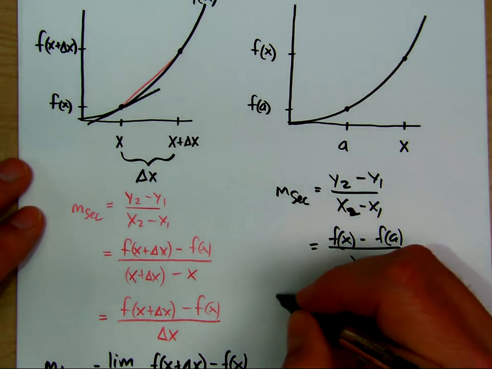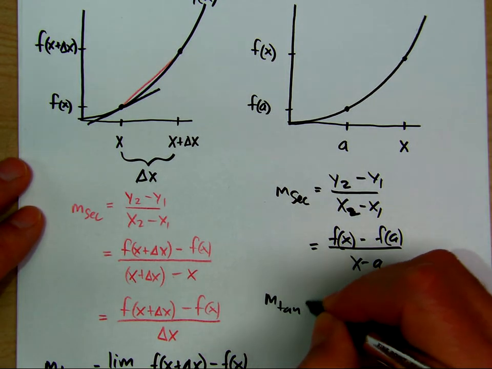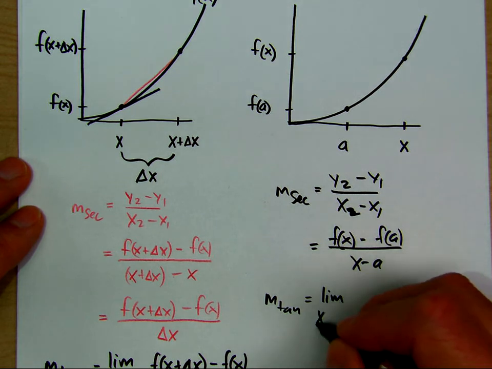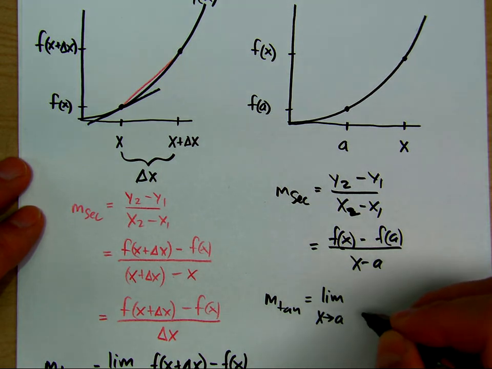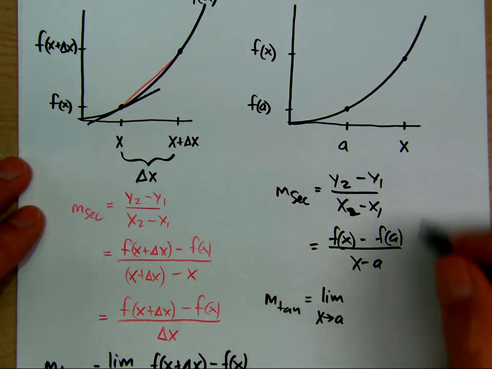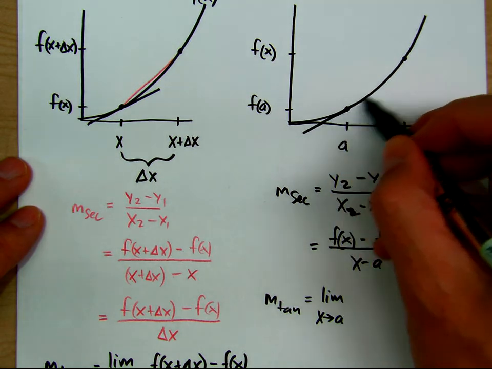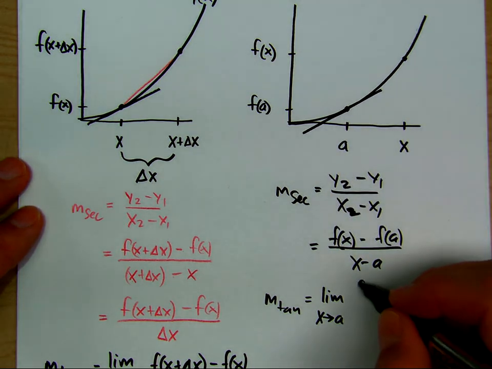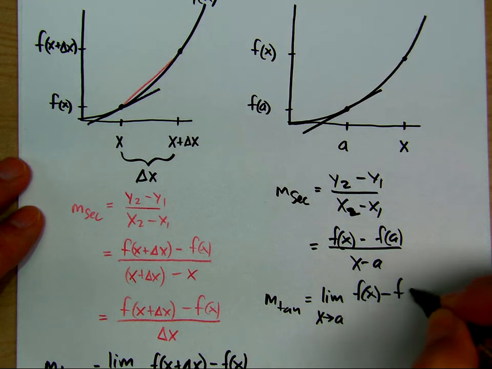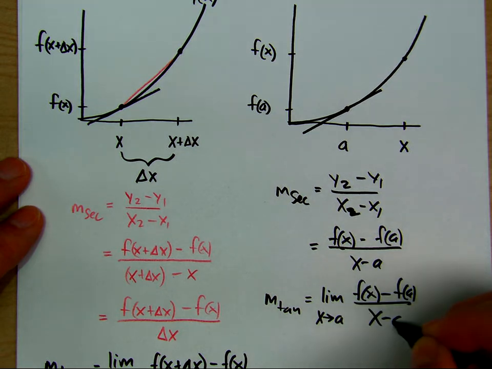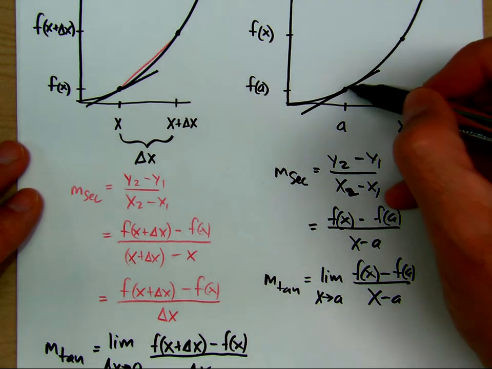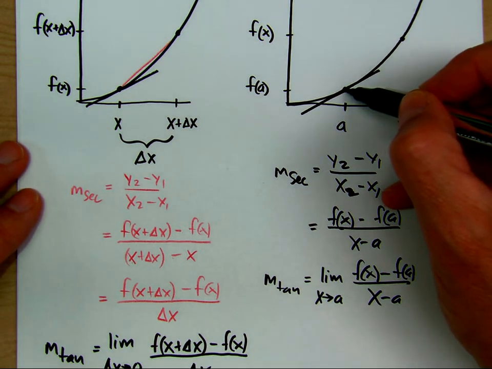So if we want the slope of the tangent line, we want to find the limit as x goes to a, and that will give us the slope at a. The process is the same in this picture.